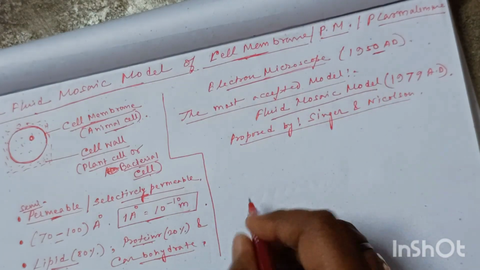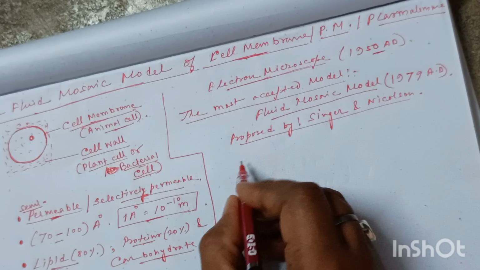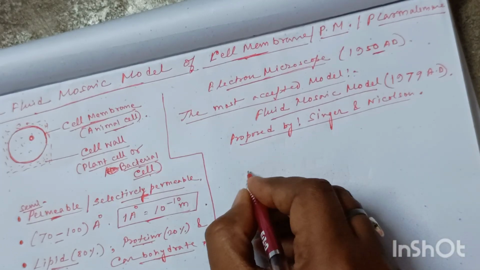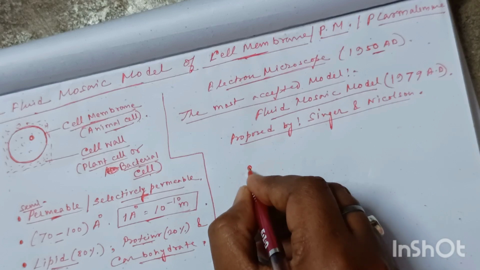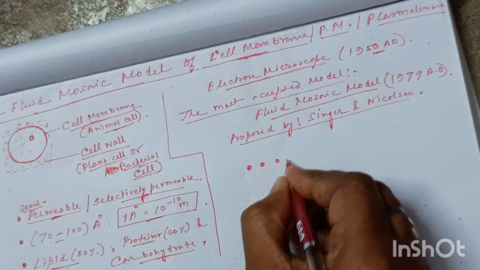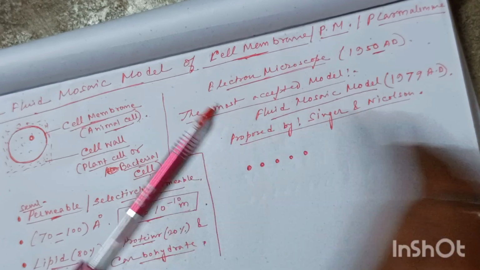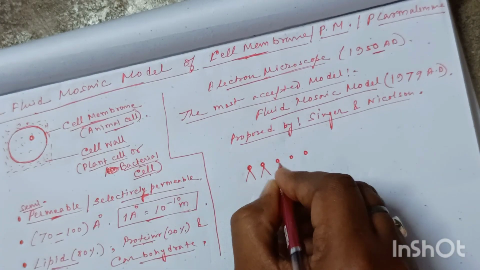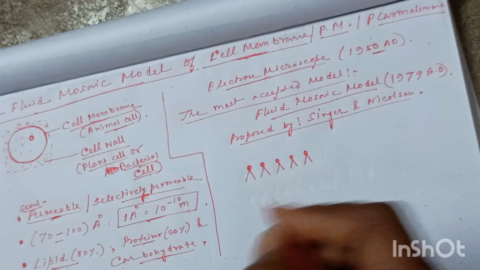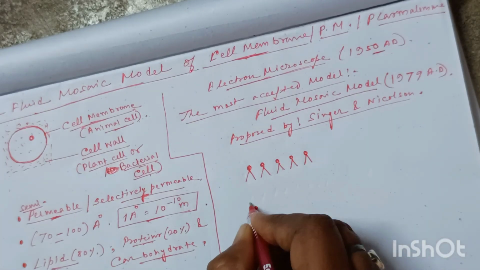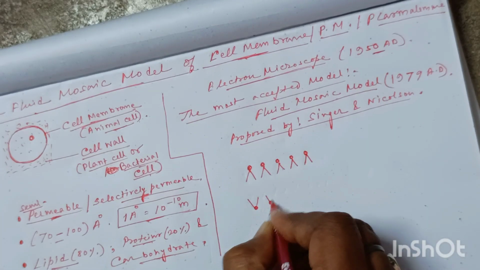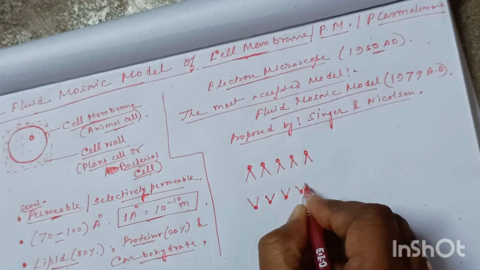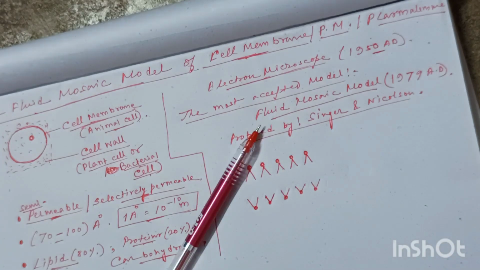Now, we need to draw a general diagram of this model to get a better understanding of it. This is the polar head of the lipid molecule, and this is the non-polar tail of a lipid molecule. Here, this is also a polar head, remaining in the opposite direction, and this is the non-polar tail.